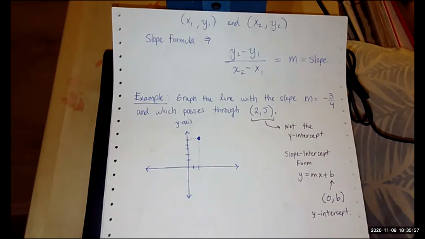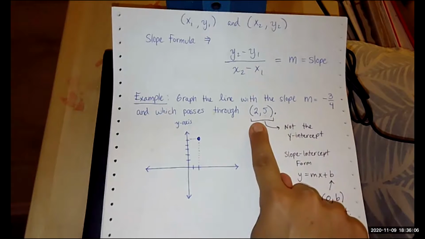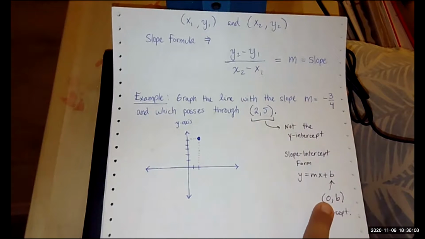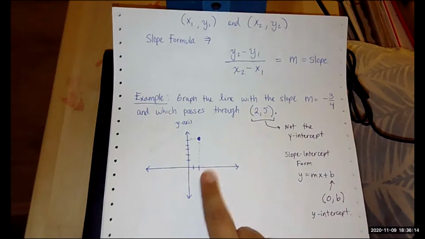However, I won't be able to plug 5 in for b, because this is not the y-intercept. Remember, the y-intercept always has a 0 for the x value. I can graph this using the same method that we were using last time, but I won't be able to find the equation.